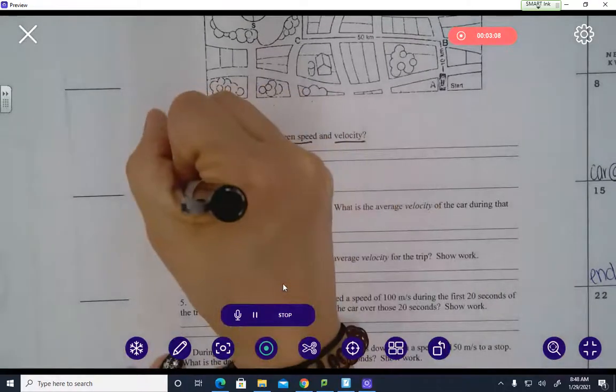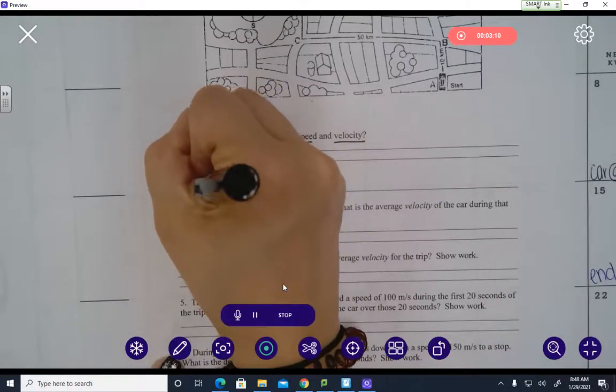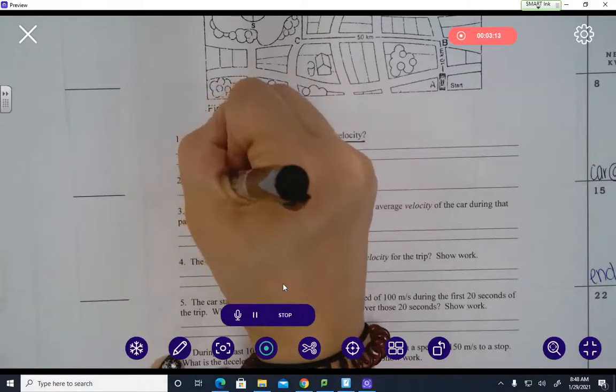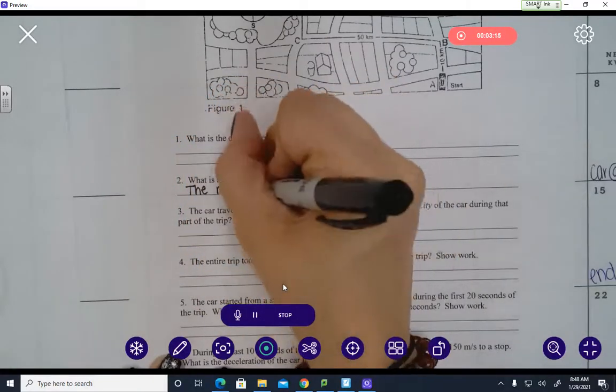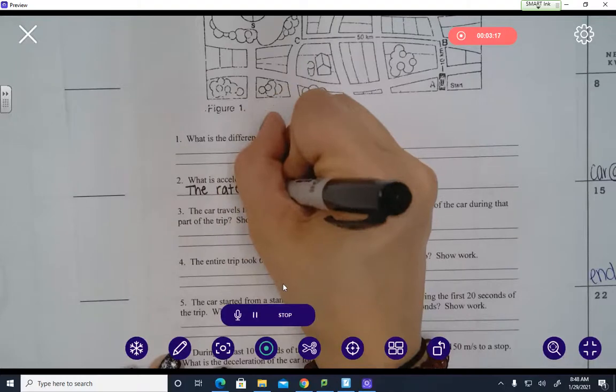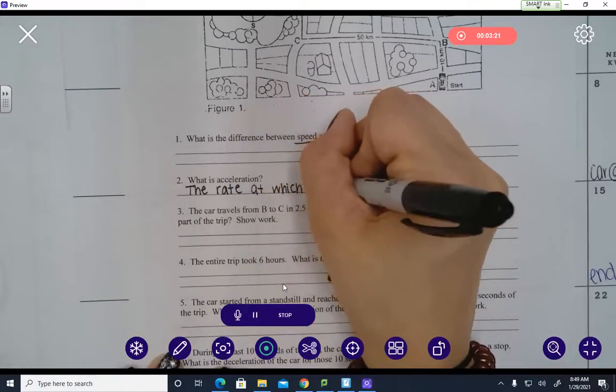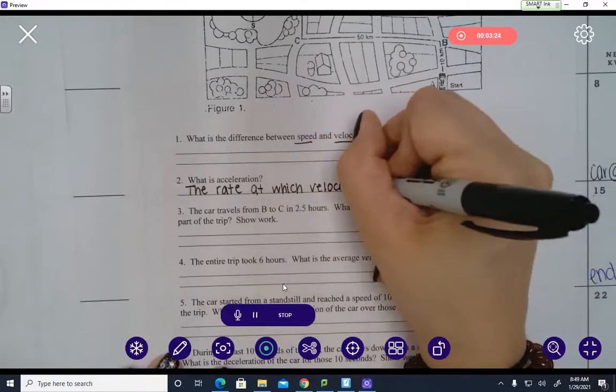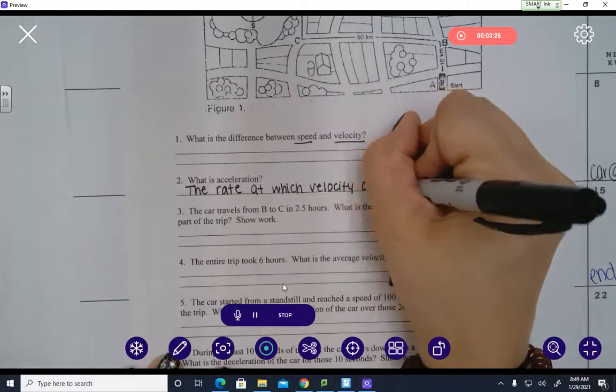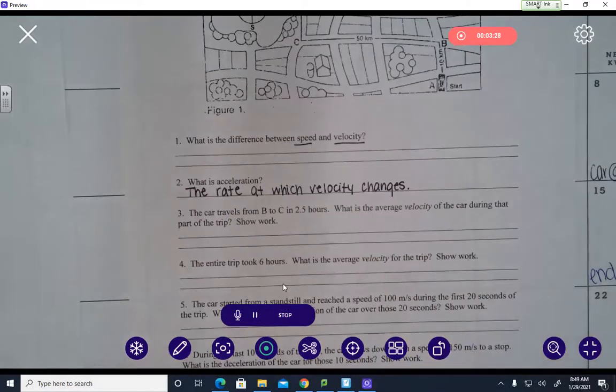So acceleration is going to be the rate at which velocity changes. Okay, so it's the rate at which velocity changes.